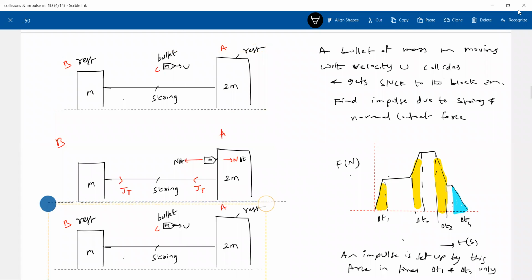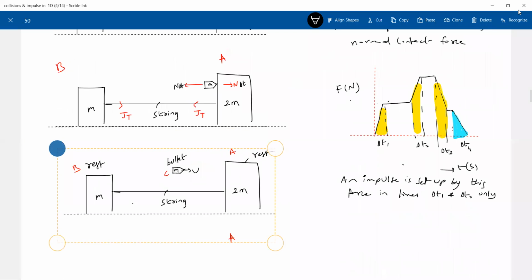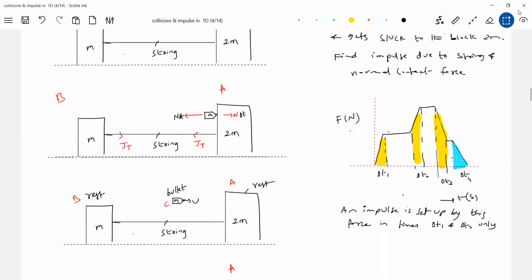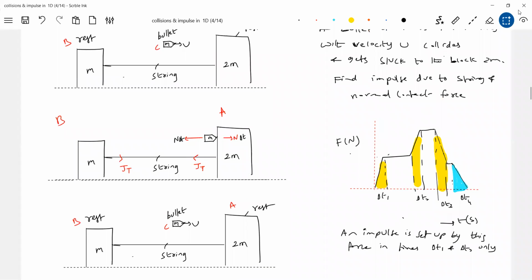I'm giving a detailed description so that the same concept revolves everywhere. Now what all can we do? The bullet is here.